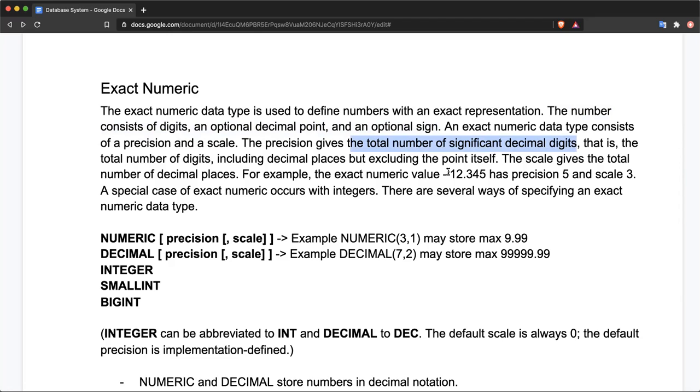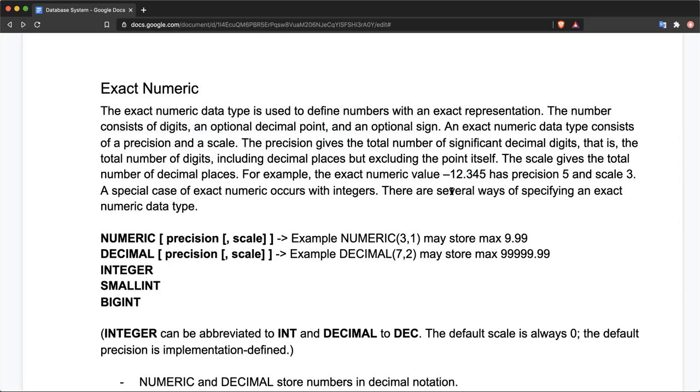For example, if we have the number -12.345, the precision of this number is 5 because there are 5 digits, 1, 2, 3, 4 and 5, excluding the decimal point and the sign. And this number has a scale of 3, because there are 3 digits after the decimal point.